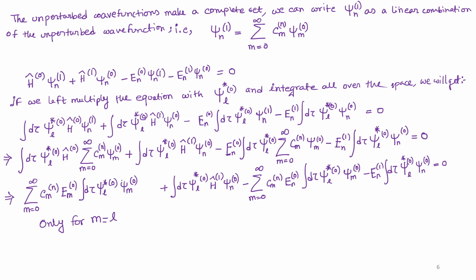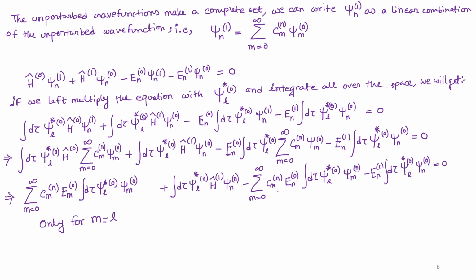For any other values of m, so m can be from 0 to infinity. Now when m equals to L, then only it will satisfy the normalization condition and it will get 1. In any other case, it will follow the orthogonality principle and you are going to get 0.